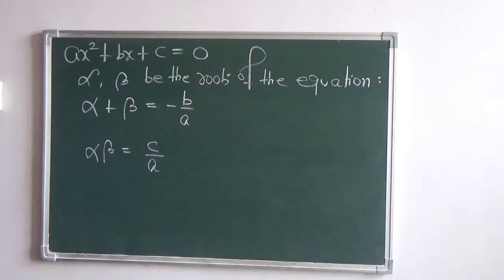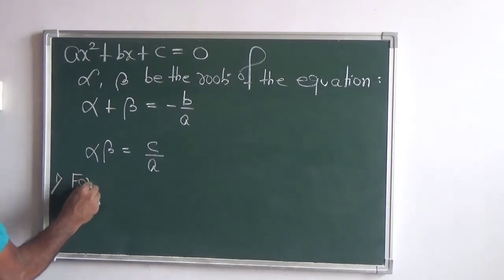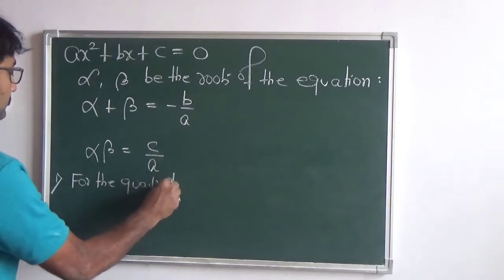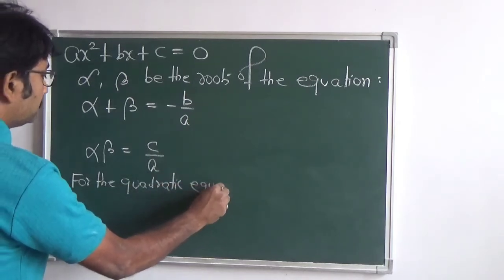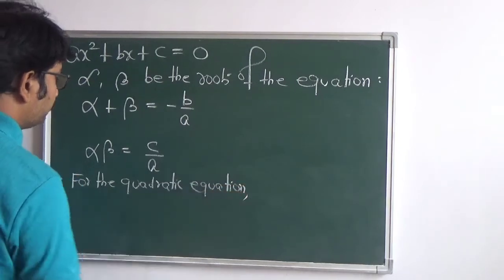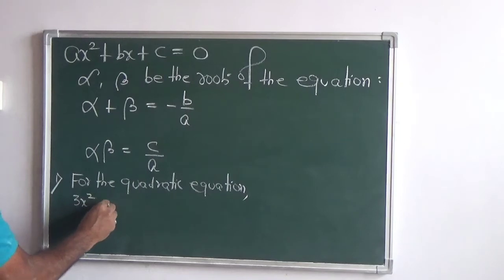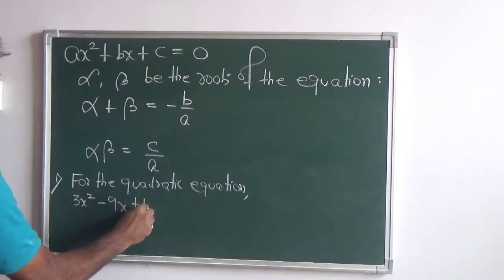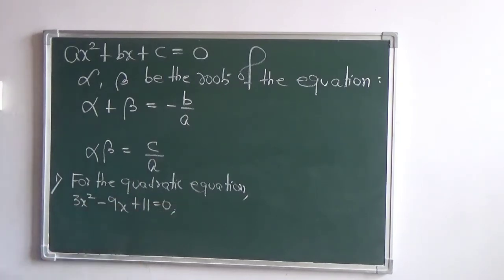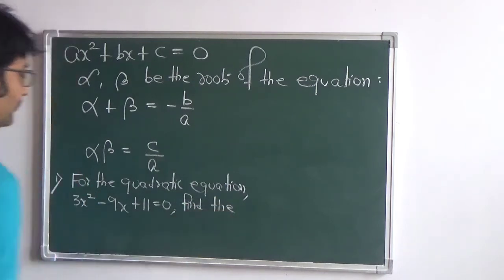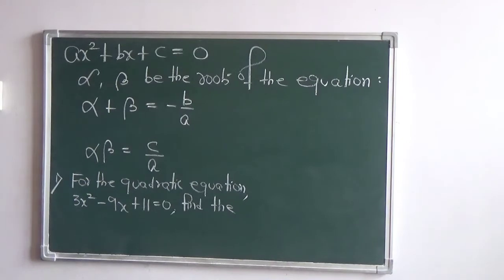If we take one question, for the quadratic equation 3x square minus 9x plus 11 equals to 0, find the sum and the product of the roots.